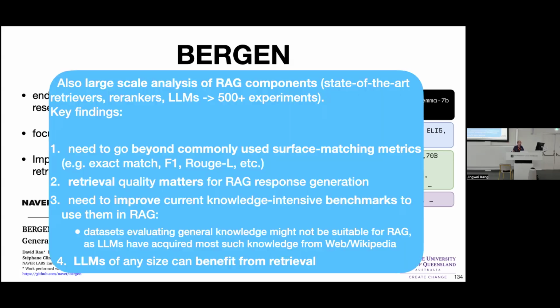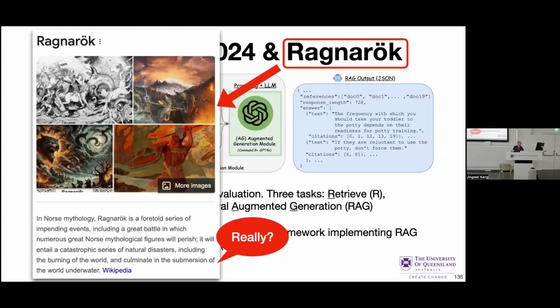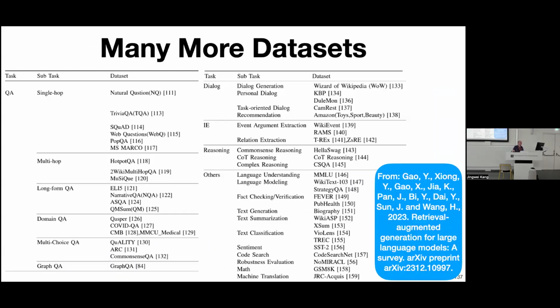So chase him up. And then you can also find a bit more detail about TREC and Runnerrock, the platform that the track organizers provide to facilitate your work if you're participating in the track. A very weird name for a platform. Go on the slide and have fun.